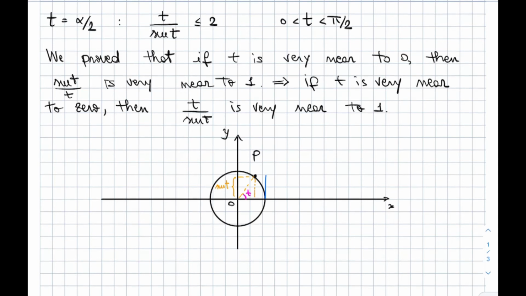So it's this blue rectangle here. Then the area of this rectangle is exactly equal to sine of t, and this area is always bigger than the area of the angular sector whose angle is t, which means that sine of t is bigger or equal than the area of the angular sector.